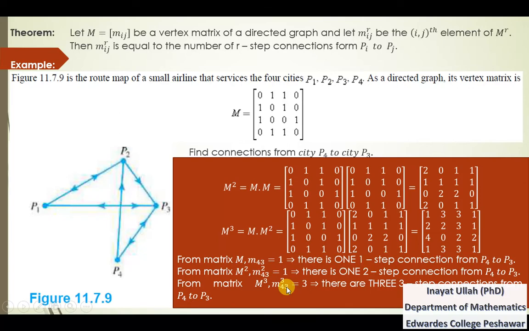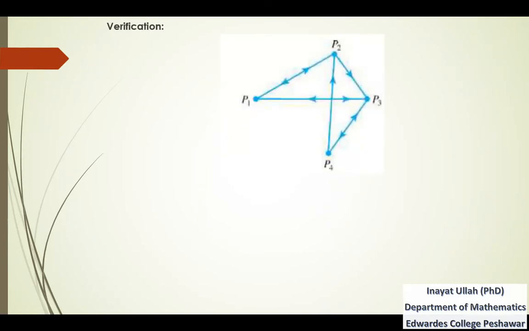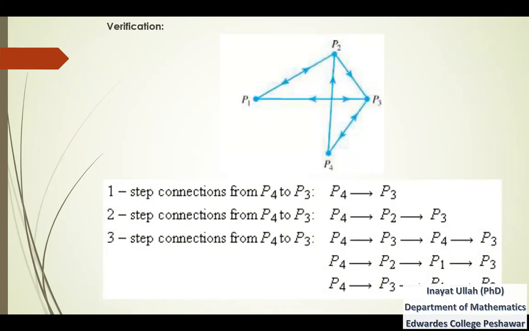So practically, if you look at this verification from the figure, that is the given figure, the 1-step connection from P4 to P3 is only one. We have studied in the previous slide. So there is only one-step connection, and that is from P4 to P3. Similarly, there is only one two-step connection from P4 to P3.